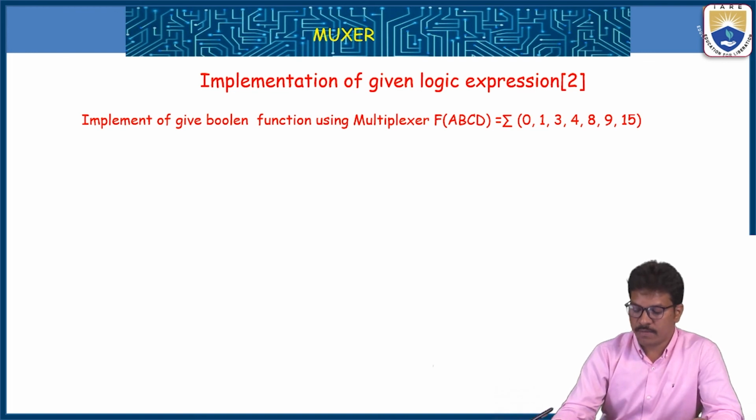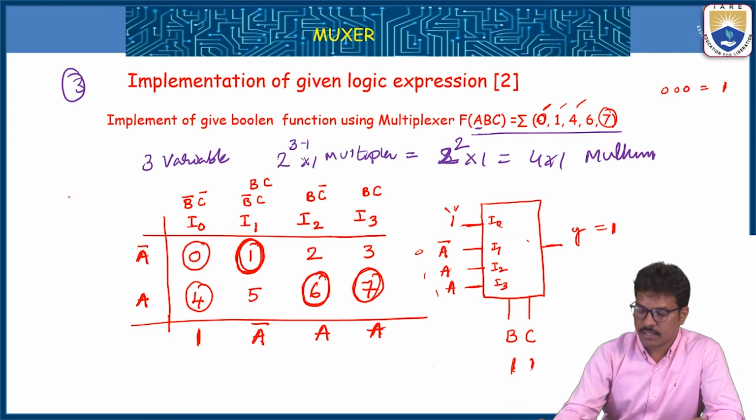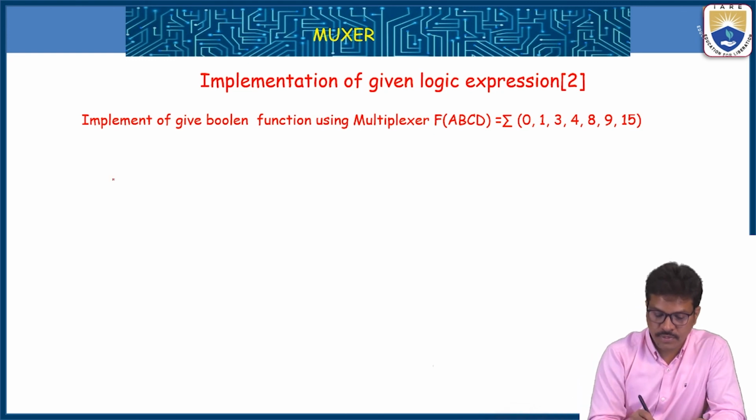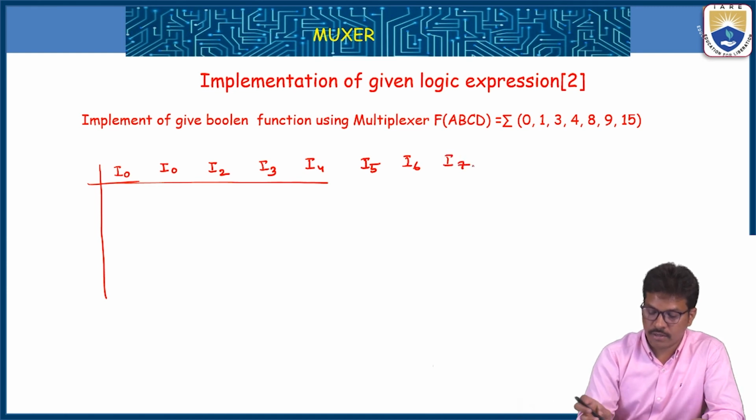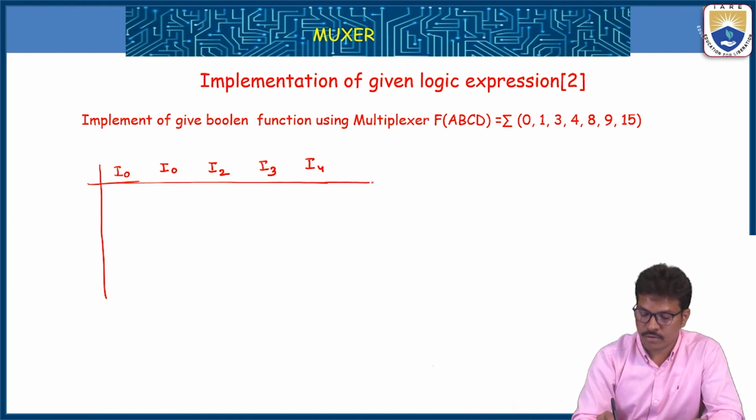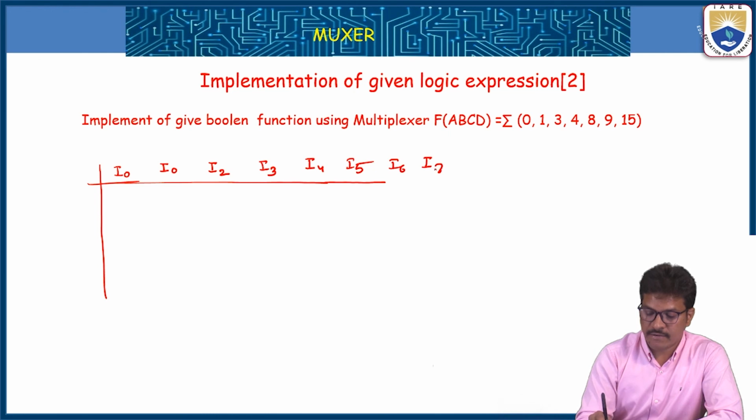Again, if I take this multiplexer, let us take A as the input and B, C, D as the select lines. I0, I1, I2, I3, I4, I5, I6, I7, 0 to 7.